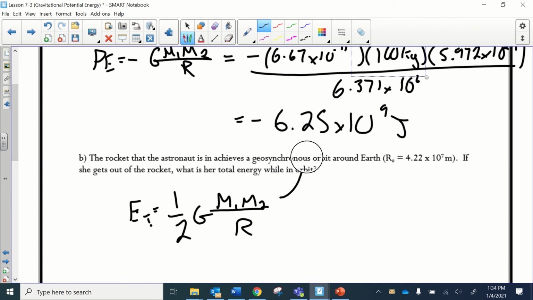No, you can't, because it's now at a different radius. The radius is going to be 4.22 times 10 to the 7.